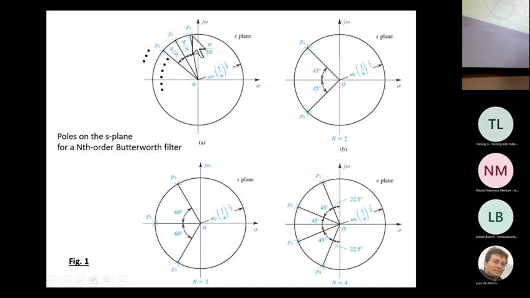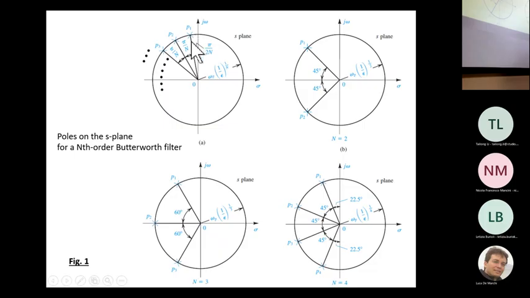The radius of the circle is given by omega sub p, the limit of the passband region given by the specification, times 1 over epsilon, the parameter that we have found in the first step, to the power 1 over n, where n is the order of the filter. This is the distance between the pole and the origin, while the angular spacing is given by this formula.